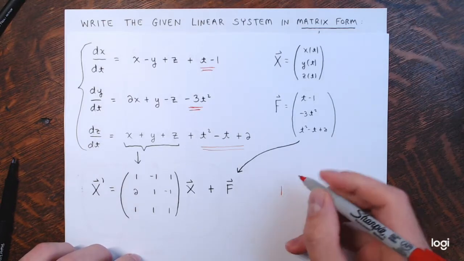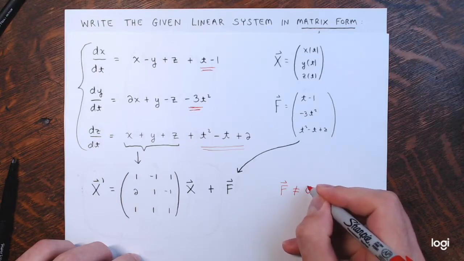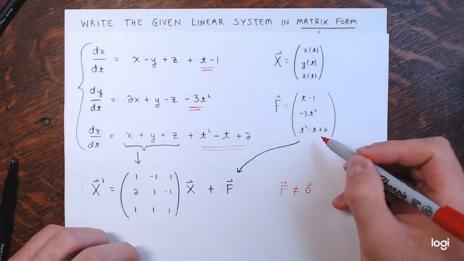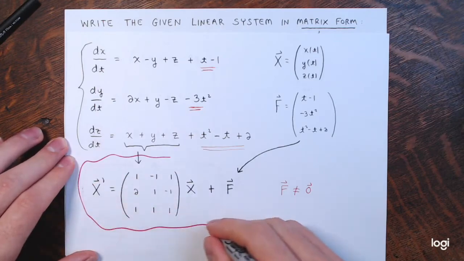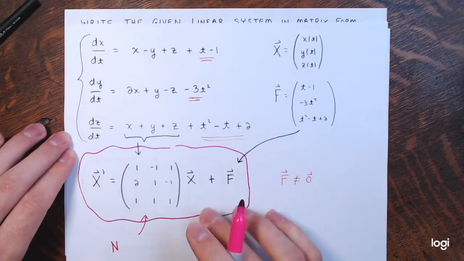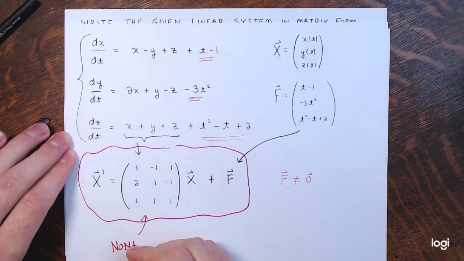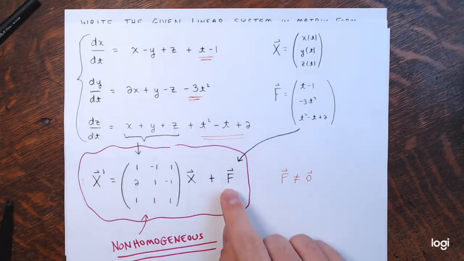And again, notice that this vector f is not equivalent to the 0 vector. It has values other than 0 for different values of t. So here is an example of a non-homogeneous system of equations, solely because of this vector f not being the 0 vector.